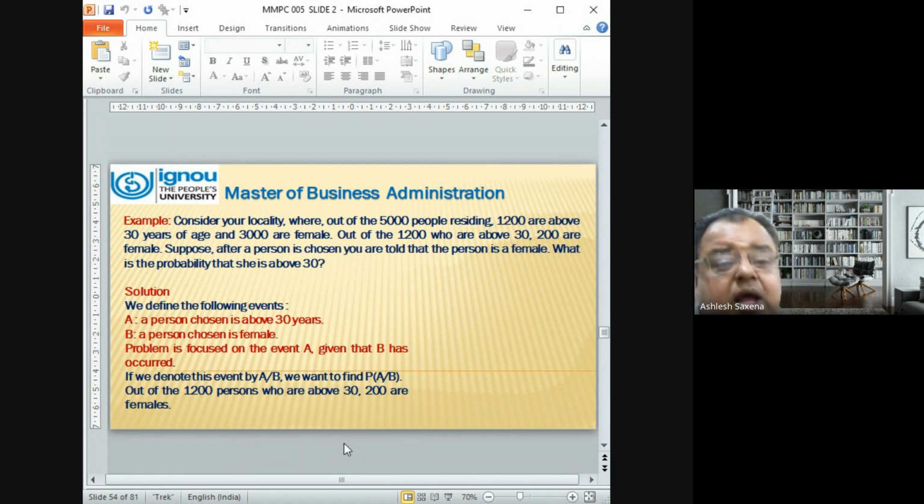Okay. This is a problem related to probability now. Out of the 1,200 who are above 30, 200 are female. Suppose after a person is chosen, you are told that the person is a female. What is the probability that she is above 30 years?